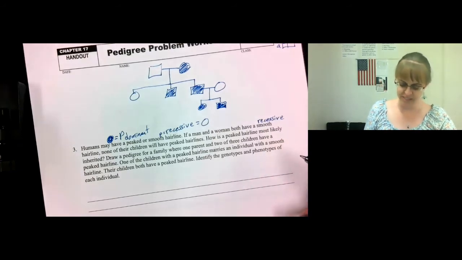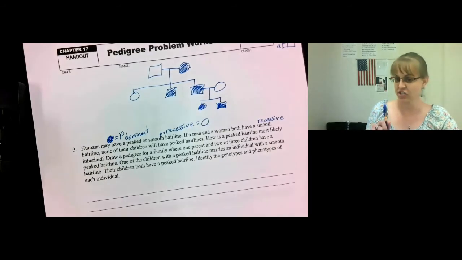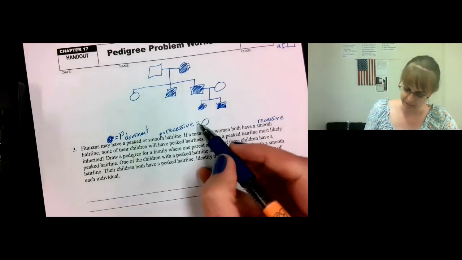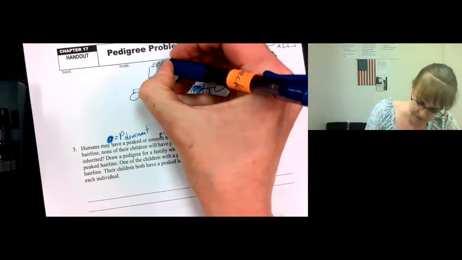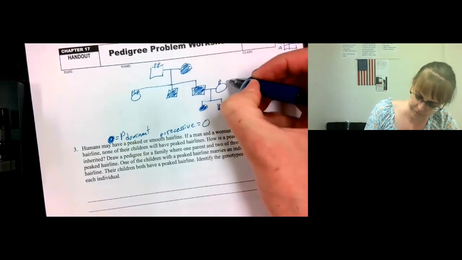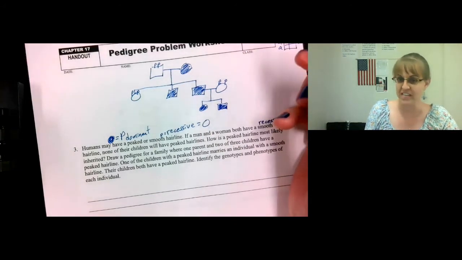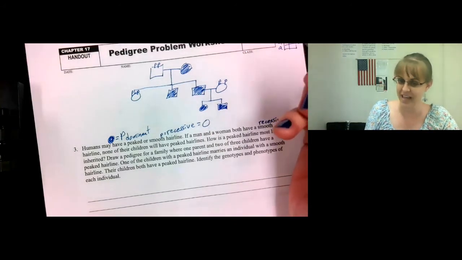Identify the genotypes and phenotypes of each individual. It's easiest to start with the recessive because that's all lowercase. Then go to the dominant, which has at least 1 capital letter.